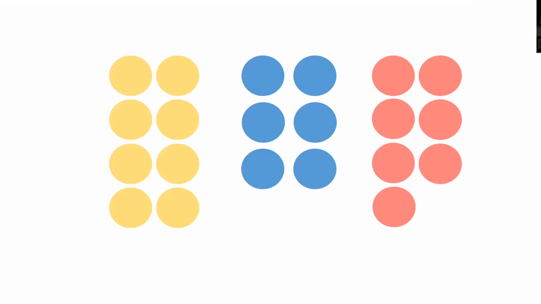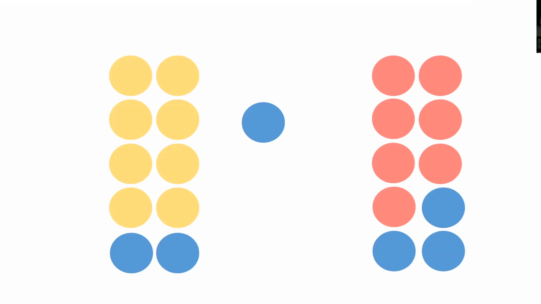And again, if we want to represent that, I've used double-sided counters, but we could easily just use unifix cubes as well. And so we make our 10, our second 10, and we've got 1 remaining. And just like that, we have got 3 chunks of information which we can put together to make the sum.